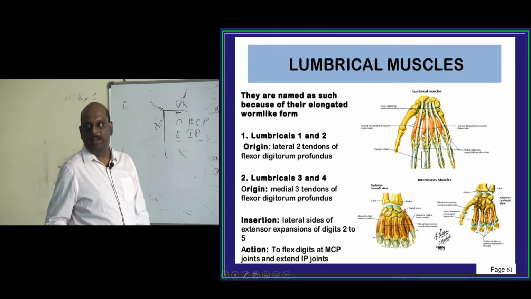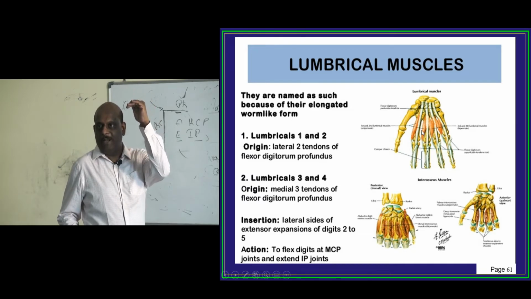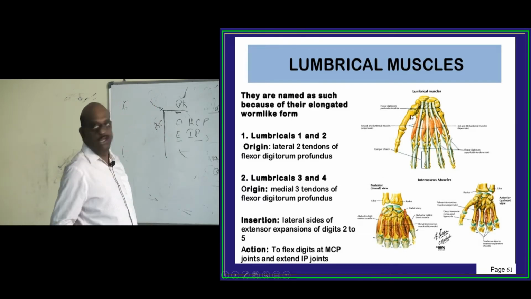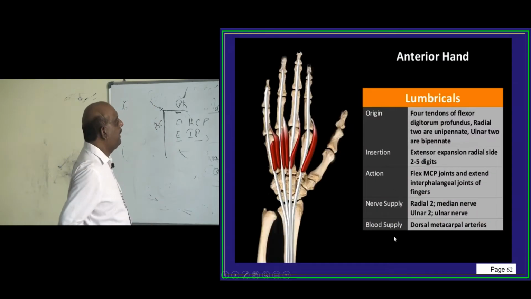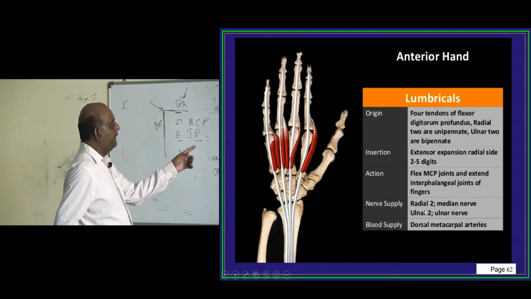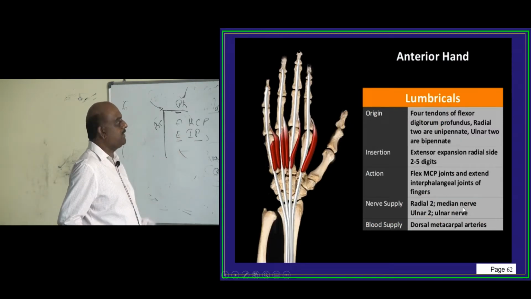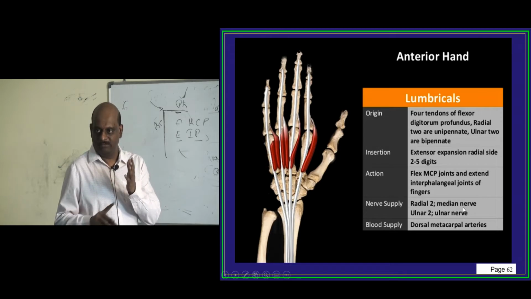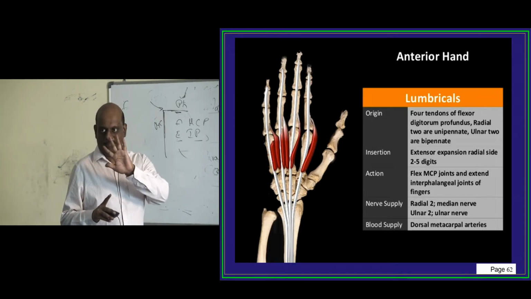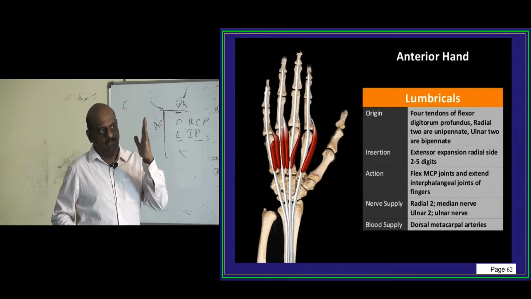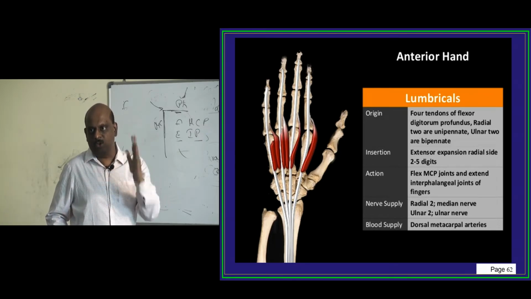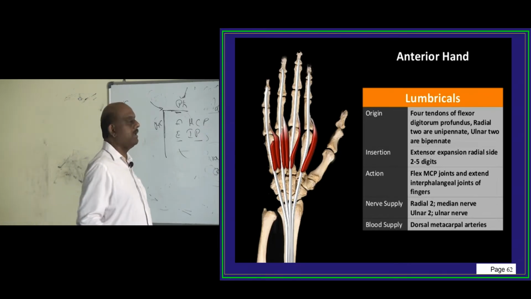And ultimately what do they do? Flexion of the metacarpophalangeal and the extension of interphalangeal joint, and the radial two lumbricals are supplied by median nerve towards thumb. Towards the little finger, the medial two lumbricals are by ulnar nerve.